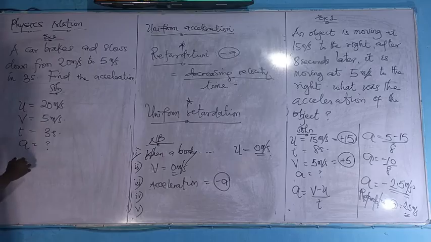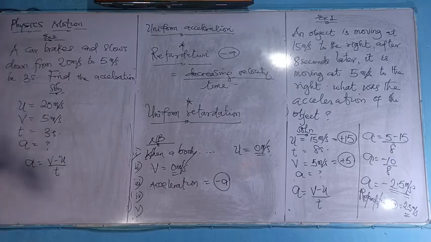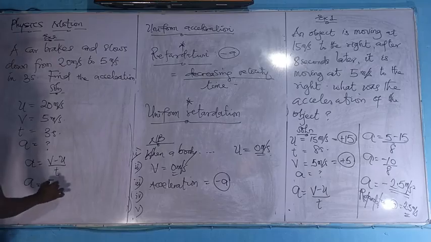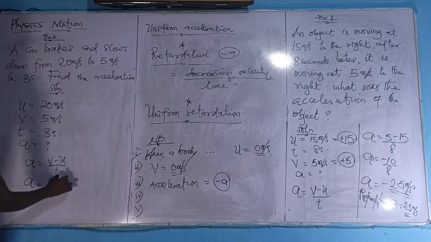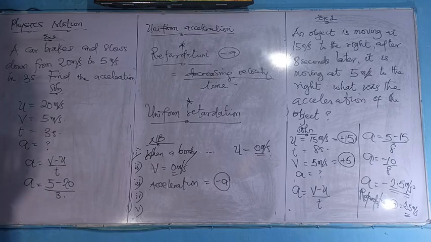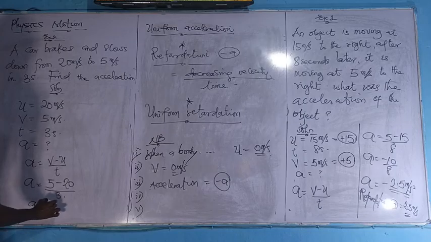Here, acceleration is change in velocity over change in time. So we have acceleration equals final velocity, 5, minus initial velocity, 20, all over time. 5 minus 20 gives minus 15 over 3.